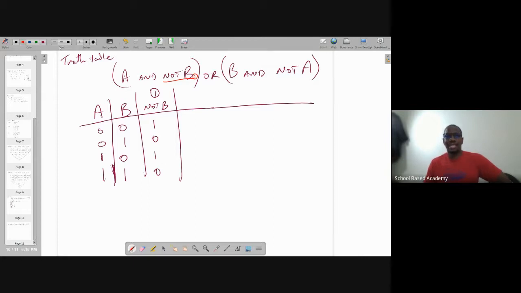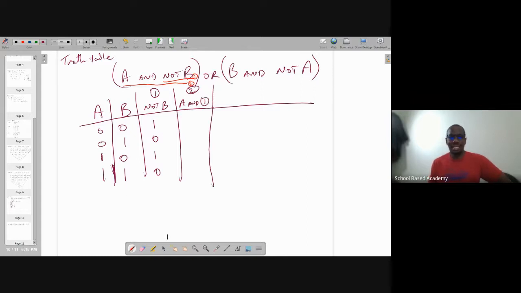And then the next thing that we can do is we can do this whole expression. So this second expression here, 2, is going to be the result of 1 and A. So we could say A and what took place in column 1.